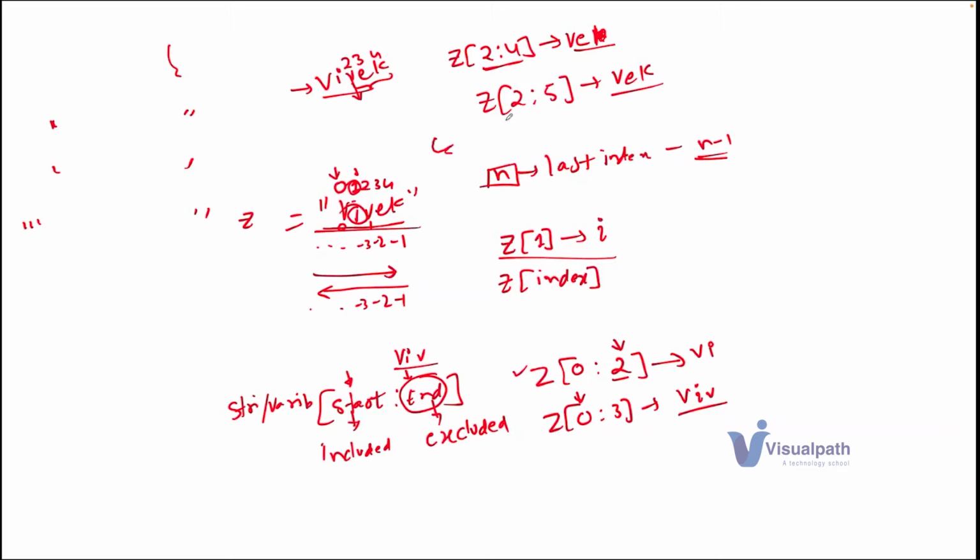But now suppose we have a situation where your string is not only 5 characters long. What if it is 100 characters long, and your requirement is to take a sub part of the string, and the index from where you would like to extract is index 50 up to the last index, which is 99.